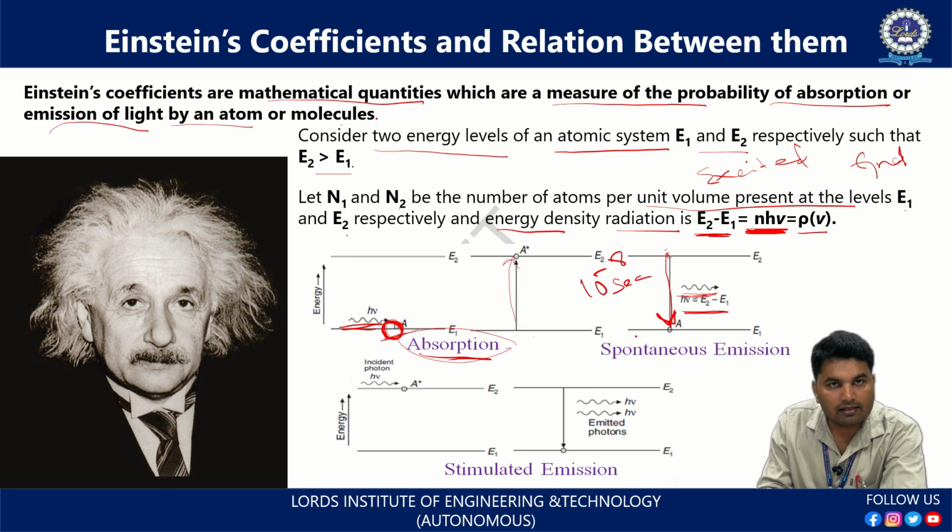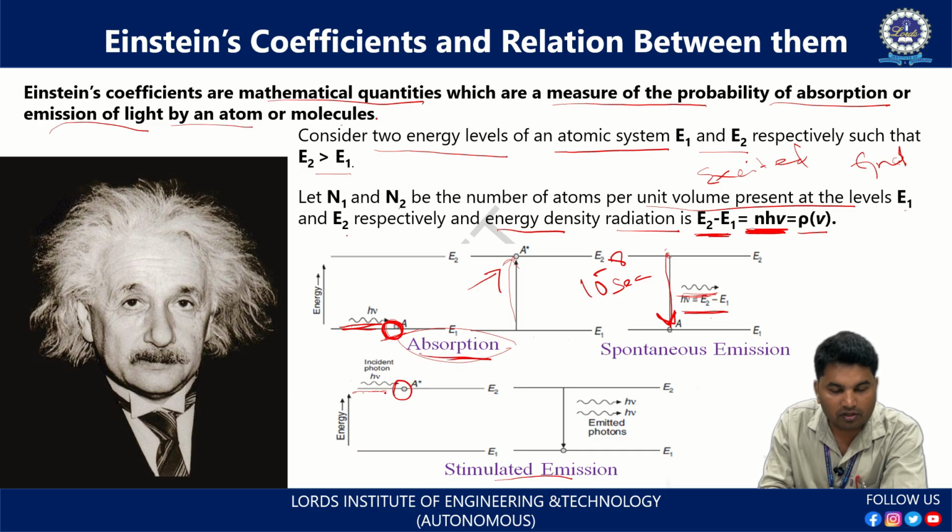Whereas in the case of stimulated emission, the third diagram you can see on your screen, the atom which is in the excited state, taking a reference from the absorption, we are giving an additional photon of energy.